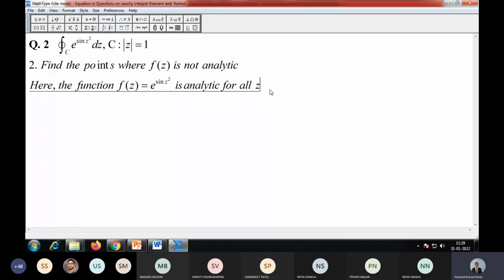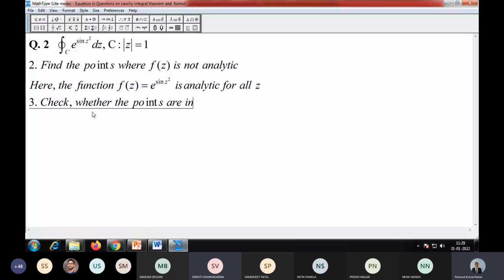Suppose there is a point at which the function is not analytic, as it is mentioned to find the points where f(z) is not analytic. Then next point: check whether the points are inside capital C or not.